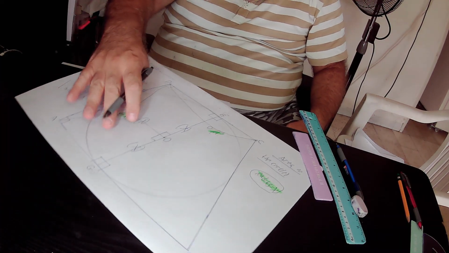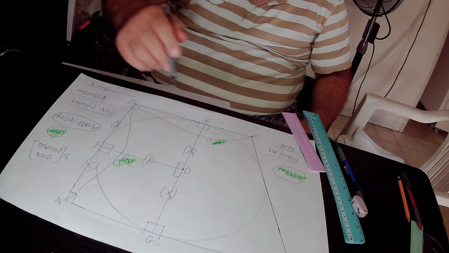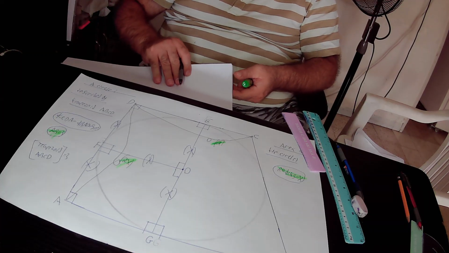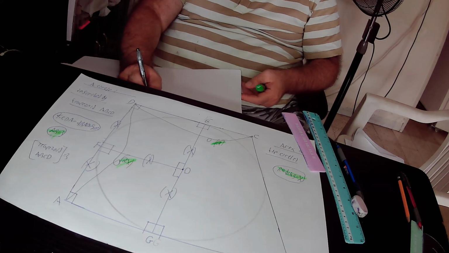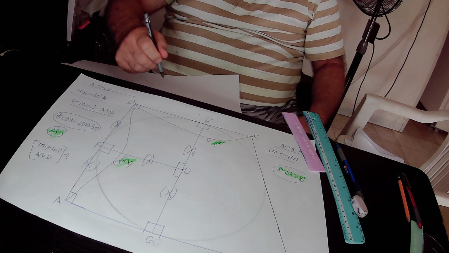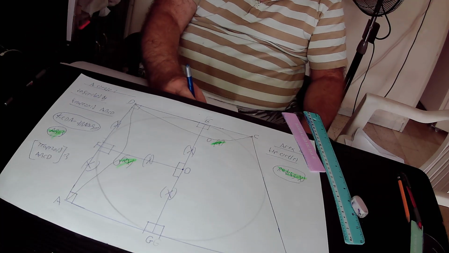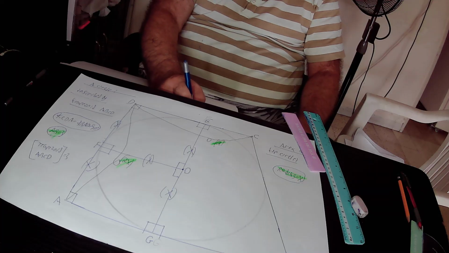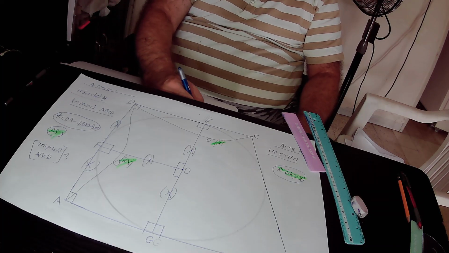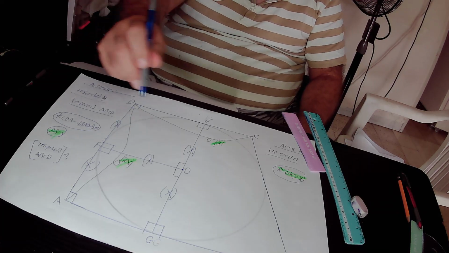In the previous lecture, we proved that DA plus the opposite side CB equals DC plus AB, according to rule 2. So I will not repeat the same proof. In any trapezoid, DA plus the opposite side CB equals DC plus the opposite side AB.